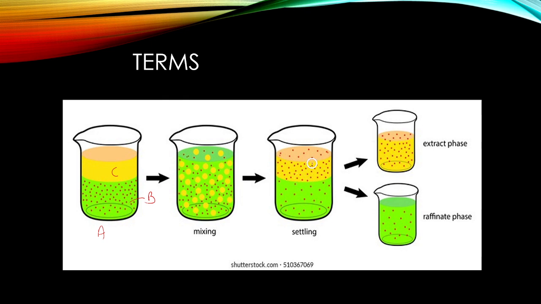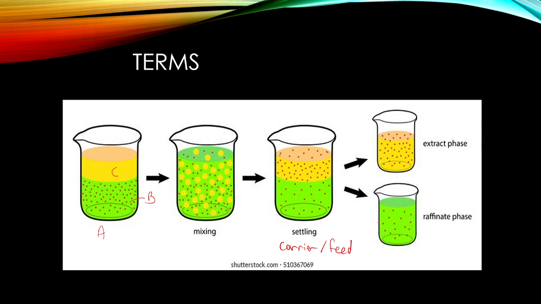The one up here, or let me say the solvent with the extracted solutes, becomes the extract phase. The initial solution, what we call the carrier or feed, especially when we are dealing with flow, or the feed solution, right? That's with the unextracted solute, becomes the raffinate phase.